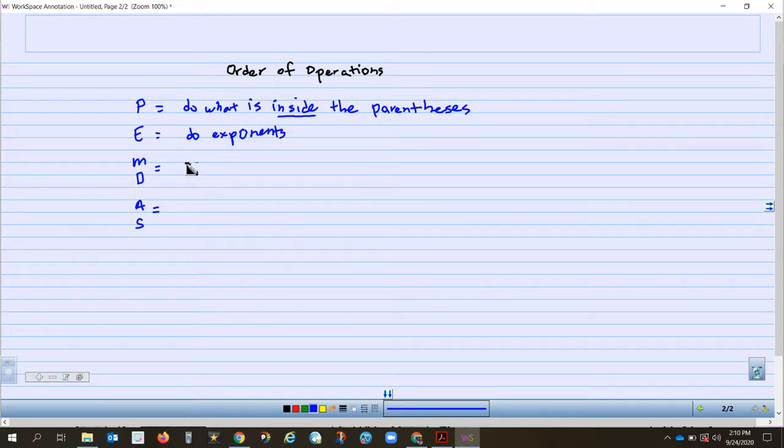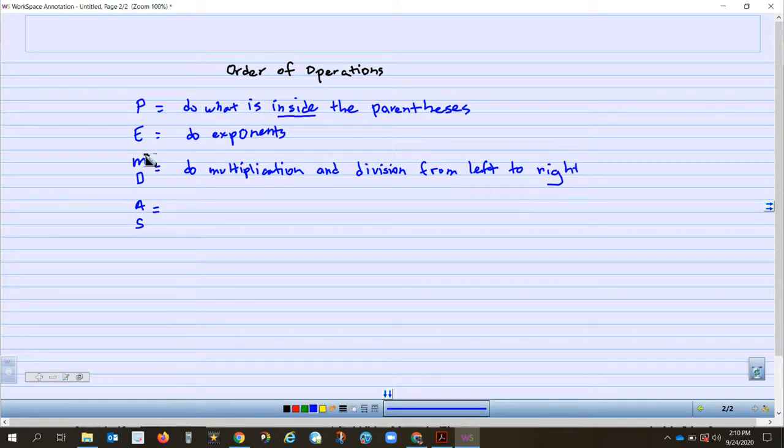So you do exponents, and then the M, of course, stands for multiplication, so we do any multiplication, and division, that's what the D stands for. But this is important: you do those from left to right.